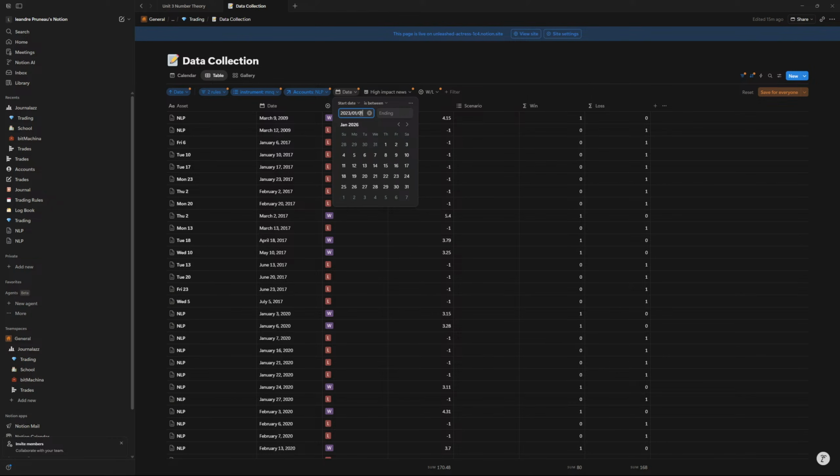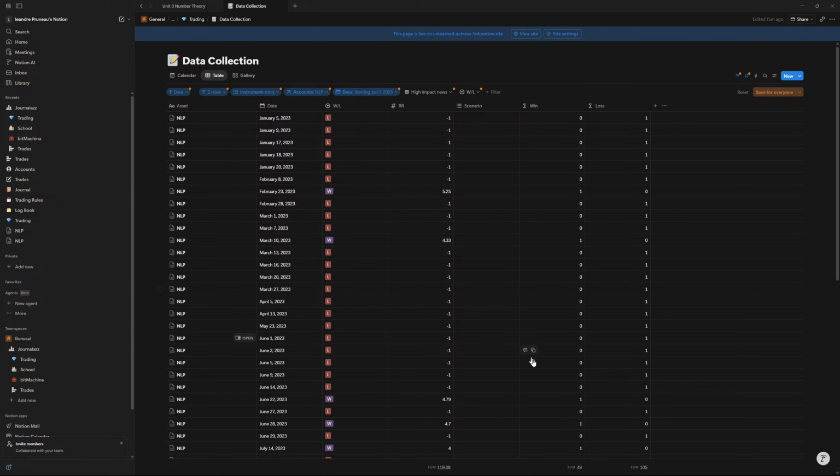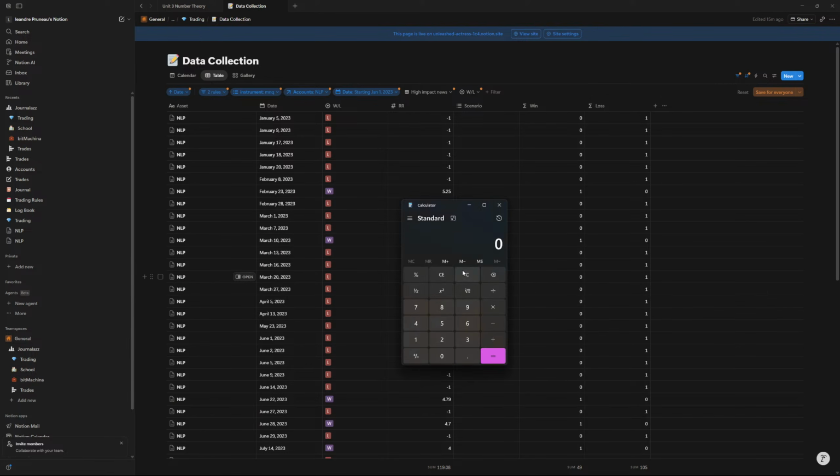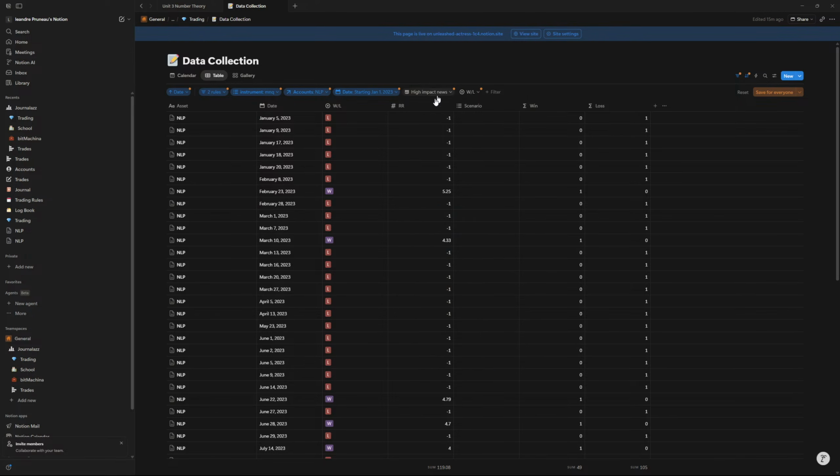So 49 plus 105. In the last 3 years, 154 trades. So 49 divided by 154. 32% win rate still.